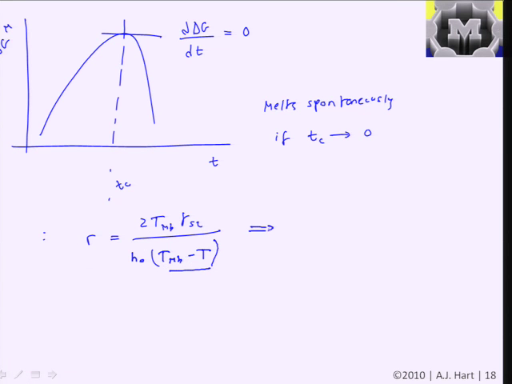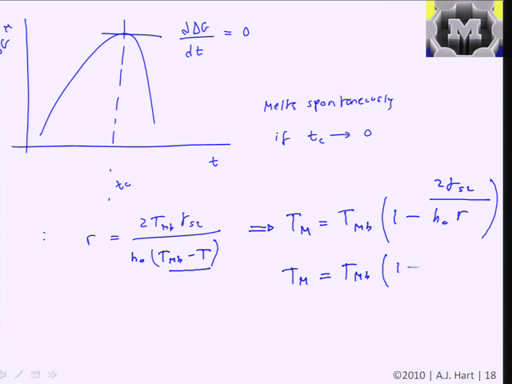And then we would get that our melting temperature, T sub m, is equal to the bulk melting point times a factor that relates to the surface energy, the latent heat, and the radius of the particle. So it's kind of like the melting point is equal to the bulk melting point times 1 minus some constant C divided by R.